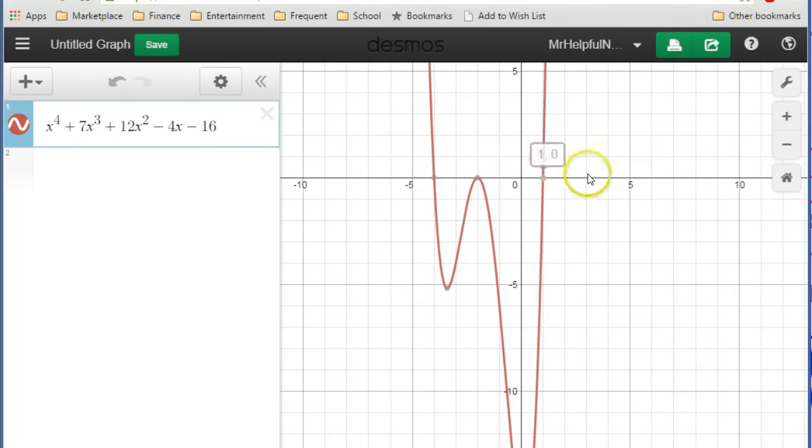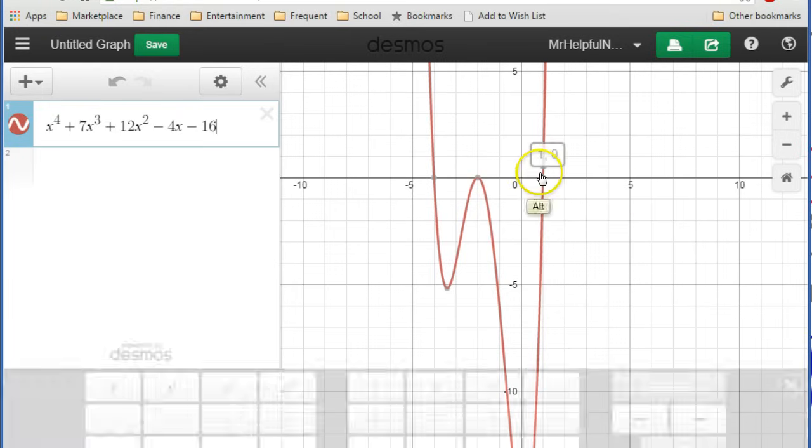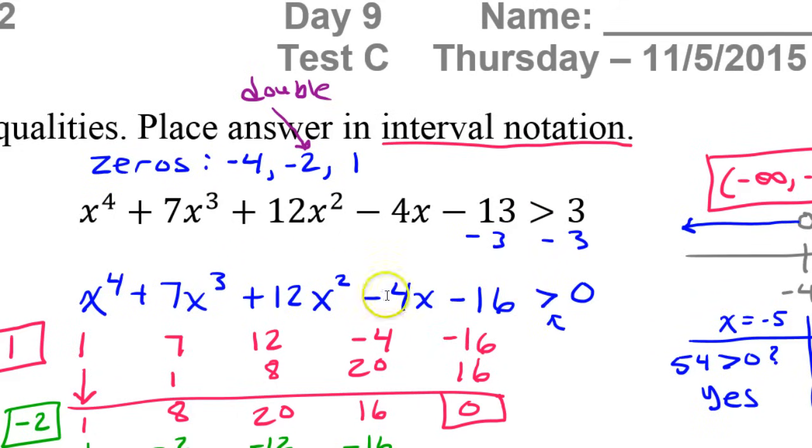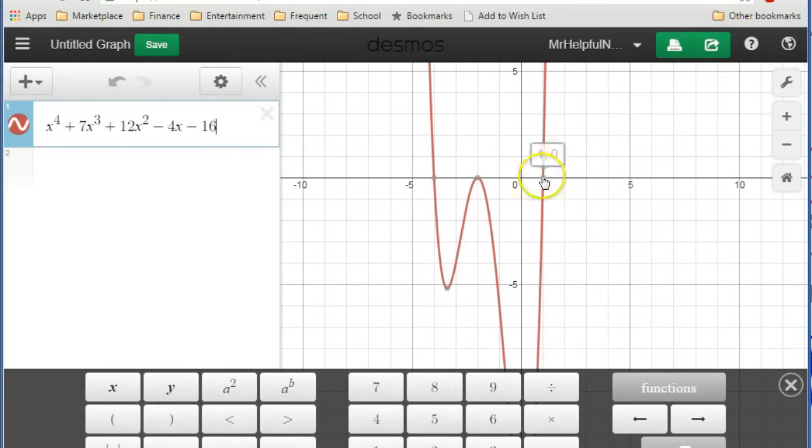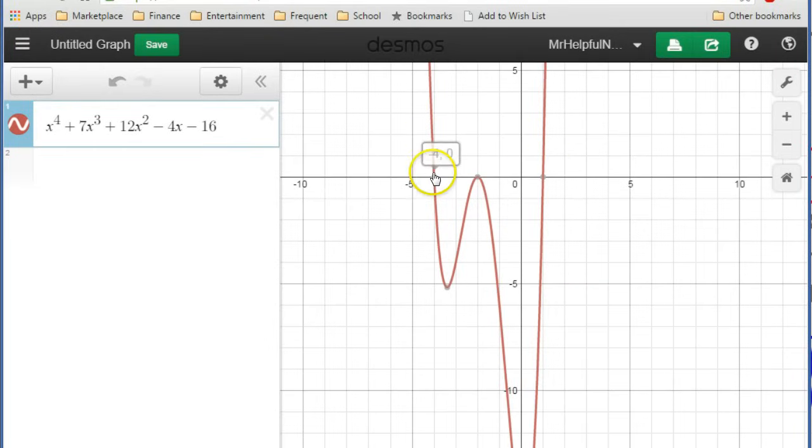Right on the x-axis is where the function equals 0, but we wanted to know where the function was greater than 0. See how all of this is less than 0. The only parts that are greater than 0 are these two little branches sticking up in the air, above the x-axis. These are the places where the solutions are.